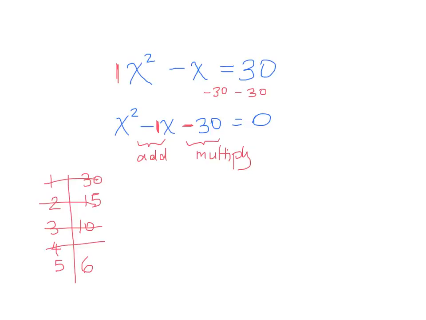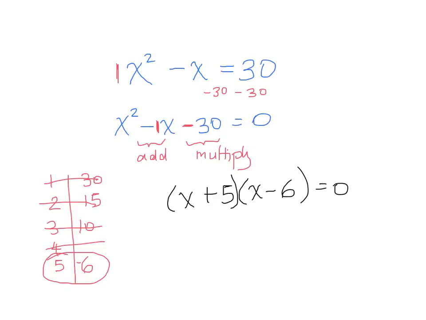And if our 6 is negative, when you add it up, you'll get negative 1. So we've found our pair. So now we can factor our equation or expression. x plus 5, x minus 6 will give us 0, which means that x is negative 5 or x is 6.